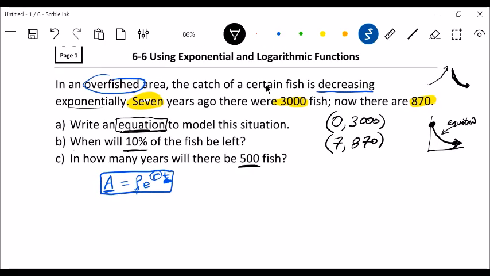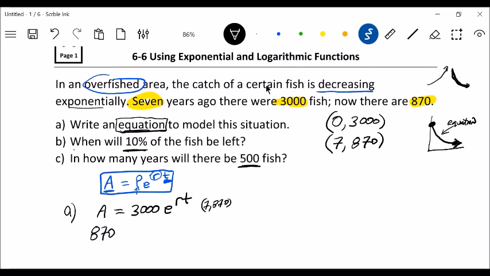So we're going to fill in these parts. To make the equation, we're going to do A equals the original amount, 3,000, e^(rt), and then we're going to apply that point that we know exists, 7 and 870.